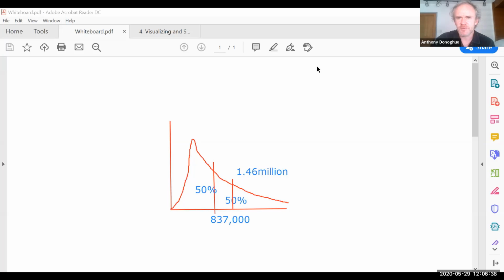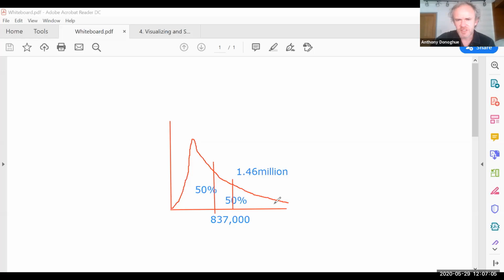So let me just clear off all of this. Before I do that, I'm just suggesting that the 1.46 million, the mean, is getting pulled up by these extraordinarily large housing prices, apartment prices. And we'll look at the classic one that's still going up. I can see it from my rooftop. We'll look at the price of that one.